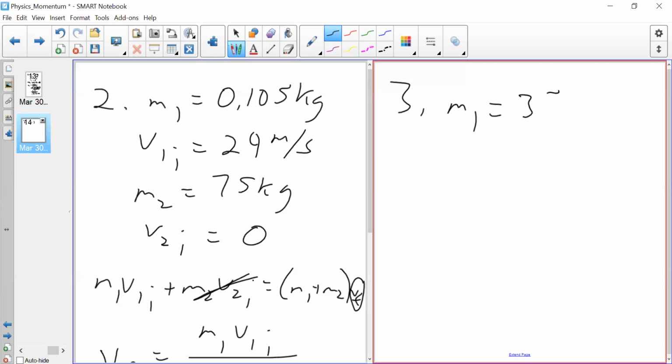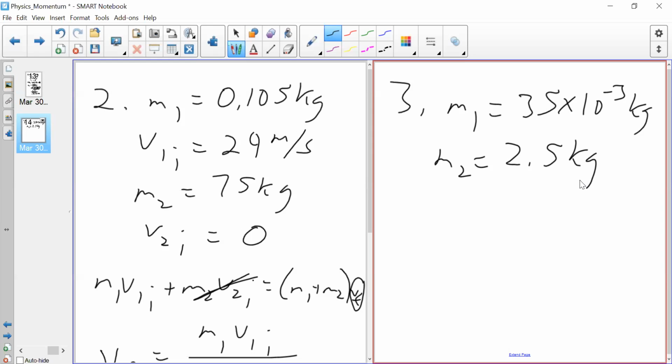So we can just say 35 times 10 to the minus 3, or 0.035. Mass 2, 2.5 kilograms. This guy's at rest.